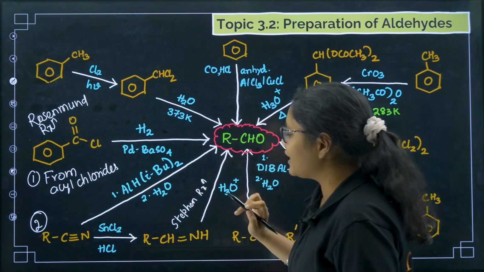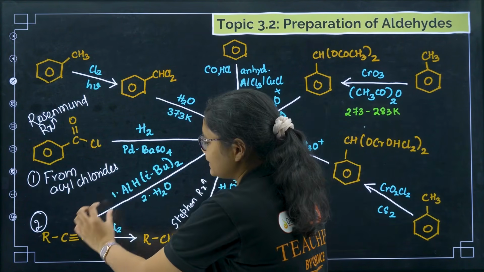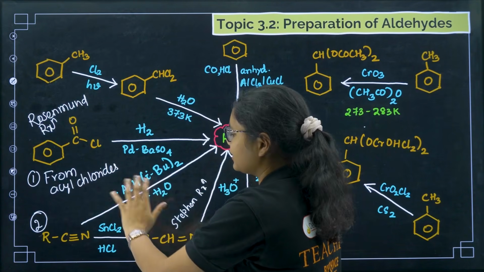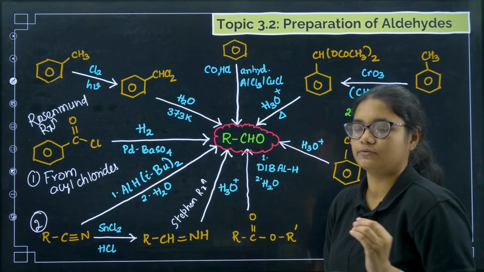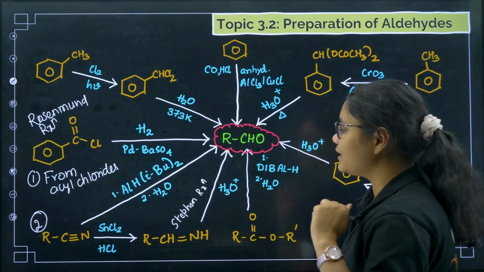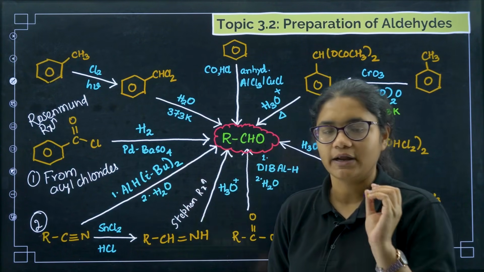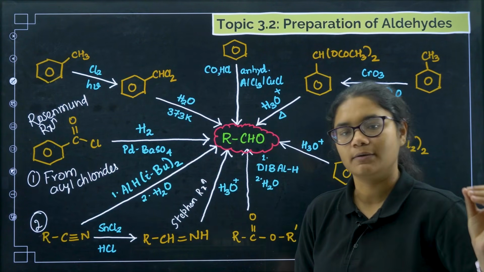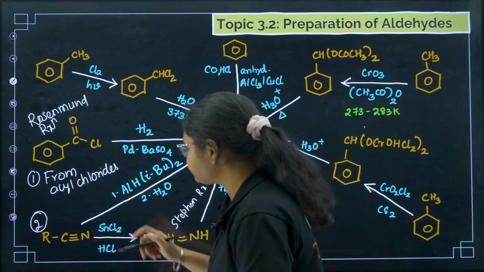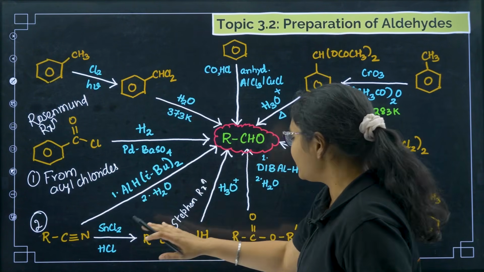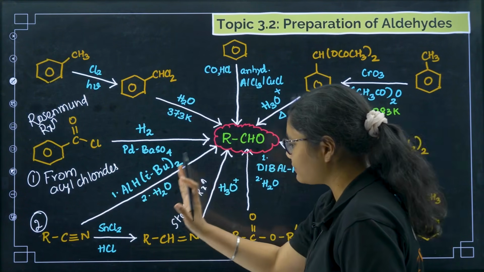Another one is directly by using DIBAL-H. From nitriles you can convert to aldehydes by using DIBAL-H. What is DIBAL-H? Diisobutylaluminium hydride. This is done. Now from esters also, right, from nitriles and esters.